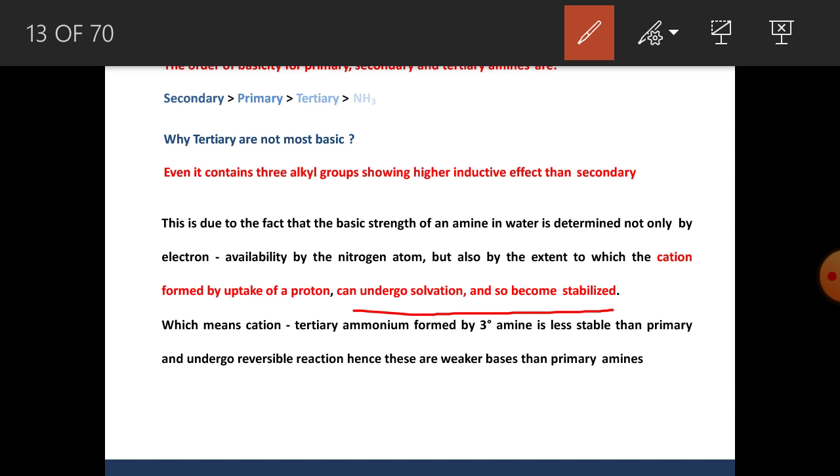But in tertiary amine, as there is no hydrogen, it cannot solvate. It cannot form hydrogen bonding with water. So stability decreases, and that is why tertiary amines are not most basic as compared to primary and secondary.